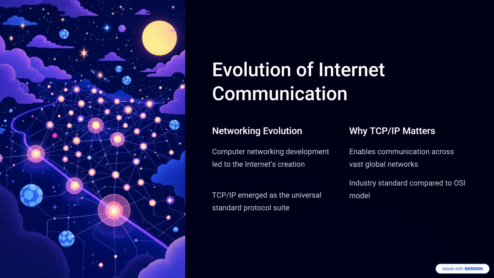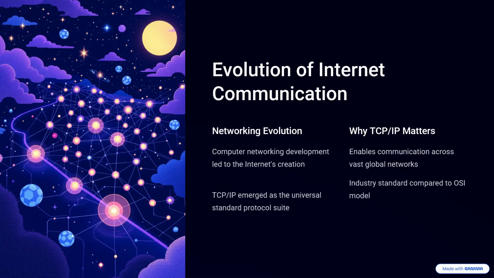Let's take a step back and understand how networking evolved. Initially, computers operated independently. Over time, the need to share data led to the development of computer networks. Early networking systems were limited and incompatible with each other. The breakthrough came with the development of TCP/IP, which provided a standardized communication framework.